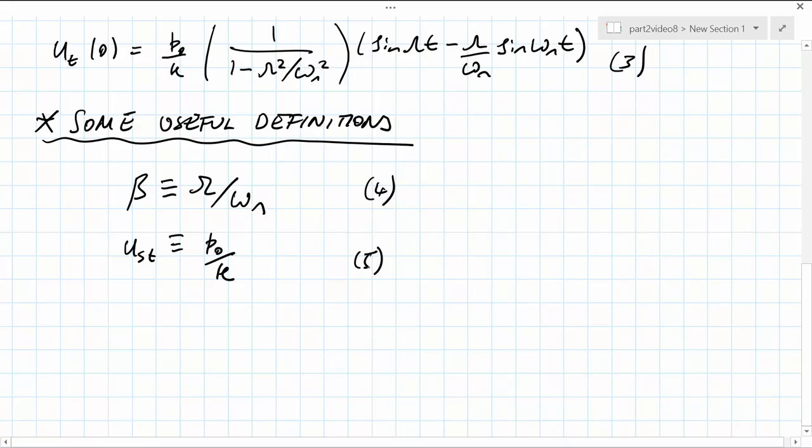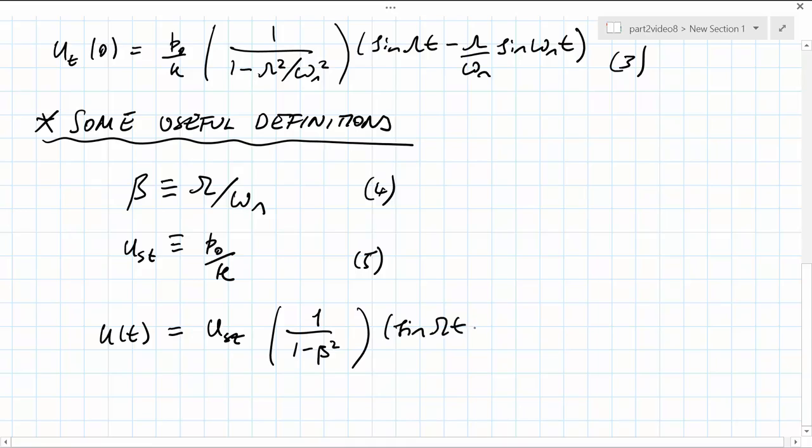Equation 3 then becomes u(t) equal to u static times 1 over 1 minus beta squared times sine capital Omega t minus beta sine omega_n t.